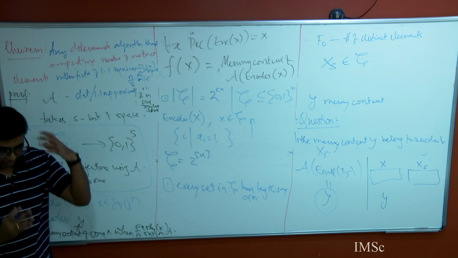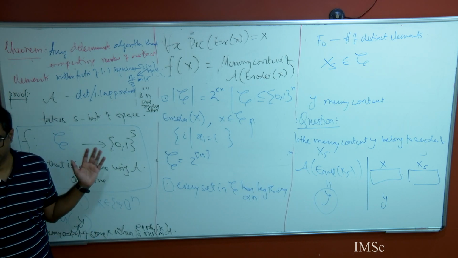So every set has length exactly equal to alpha n. Let's believe that first, for now.